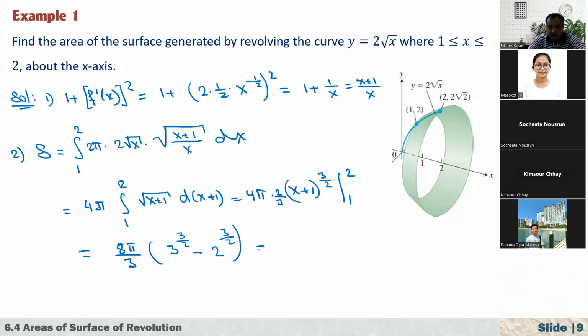Or I can just write it as 8 pi over 3 times 3 square root of 3 minus 2 square root of 2. You can just leave your answer like this, unless it is stated differently, for example to correct to 2 decimal places. At that time, you can evaluate and give your answer corrected to 2 decimal places.